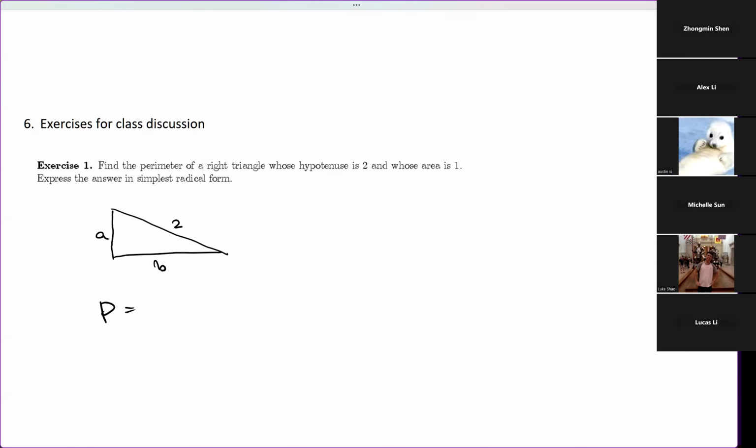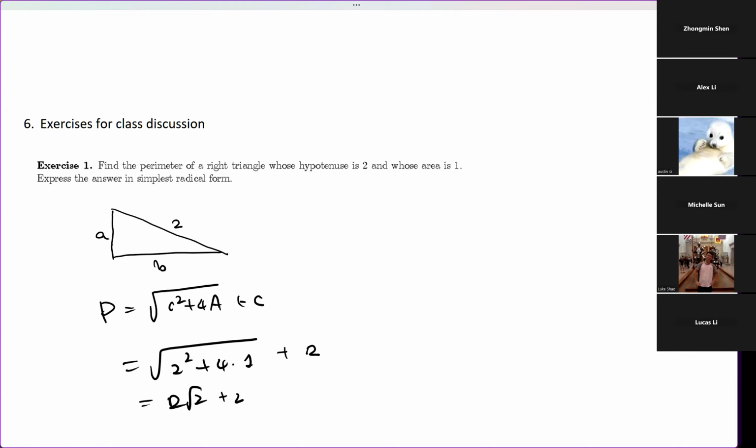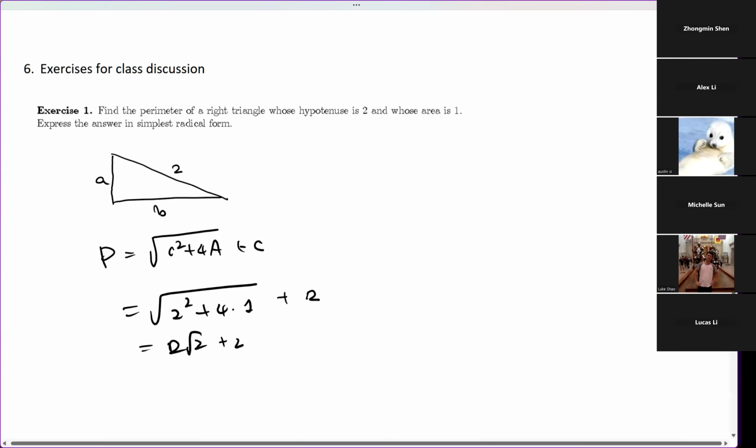Otherwise, use the formula here: A plus B is the square root of C squared plus 4 times the area, plus C. So that will be the square root of 2 squared plus 4, since the area is 1, so the answer is square root of 8 plus 2, which is 2 square root 2 plus 2. Yes. Okay, so everybody gets the right answer.